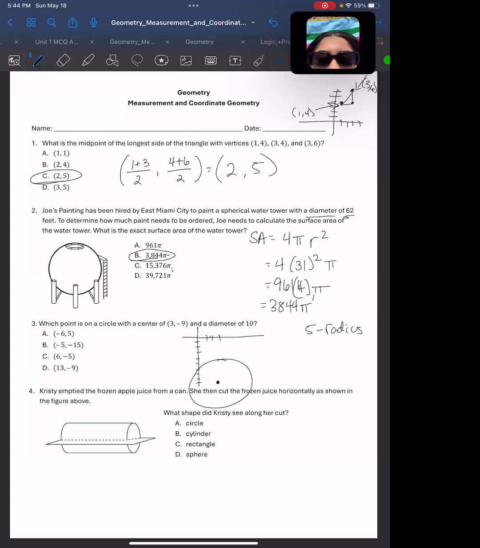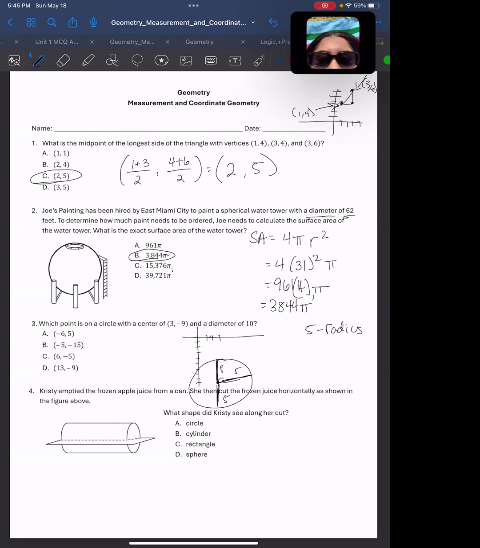Remember, from the center to any side is 5. So now I need to figure out what would be on the circle if the radius is 5. Basically, I'm going to look at all the points and figure it out based on the information that I'm given.